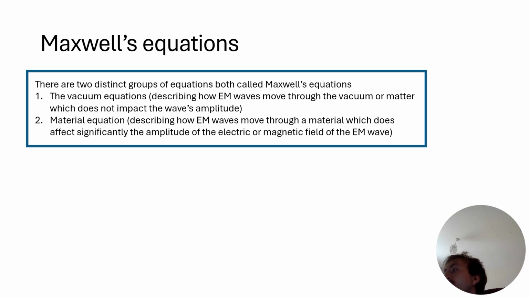Now, if you're interested in experimental physics, you're going to be quite interested in the material equations, which are much broader than the vacuum equations, and they describe how electromagnetic radiation travels through physical matter.